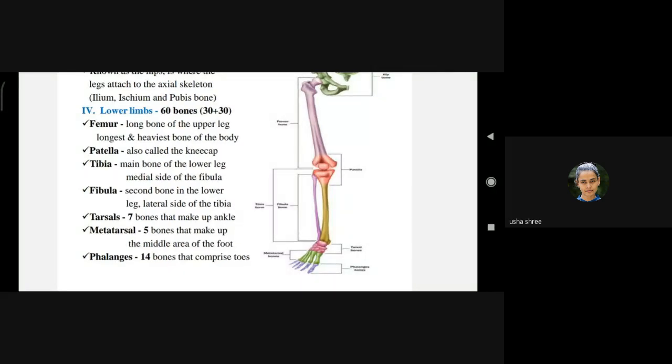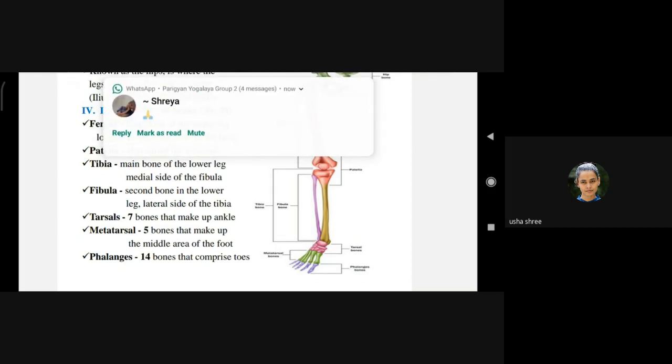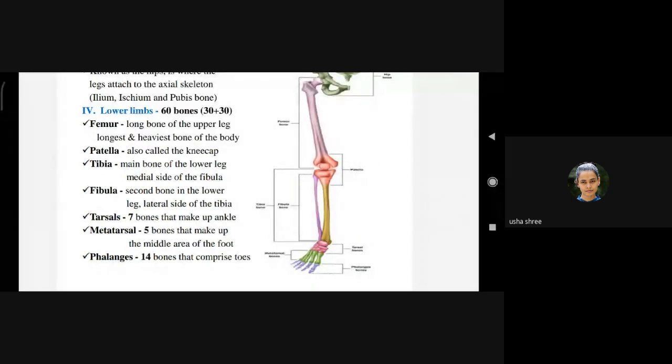Tarsal bones are 7 in number. Just like carpal bones are present in the wrist, our ankle consists of tarsal bones, 7 in each side.